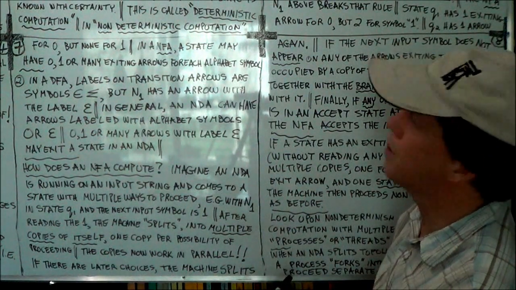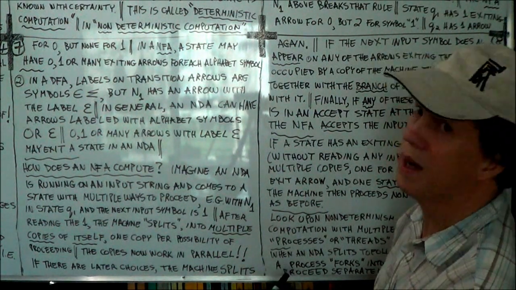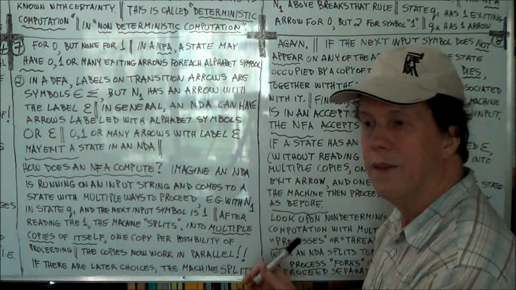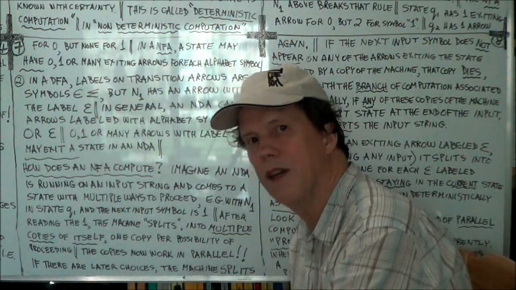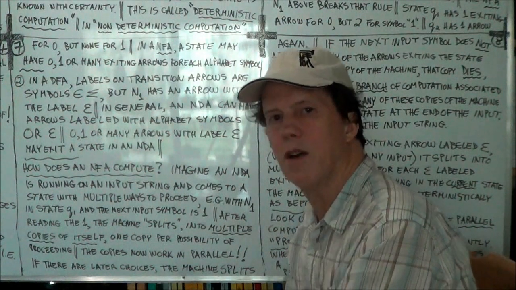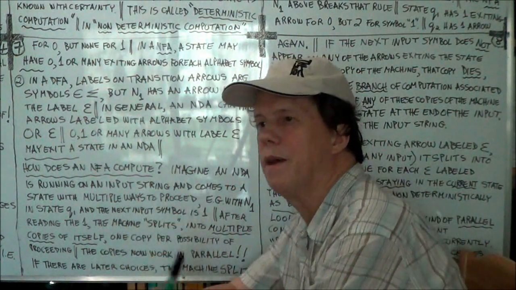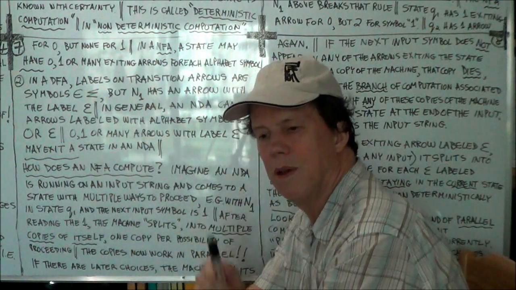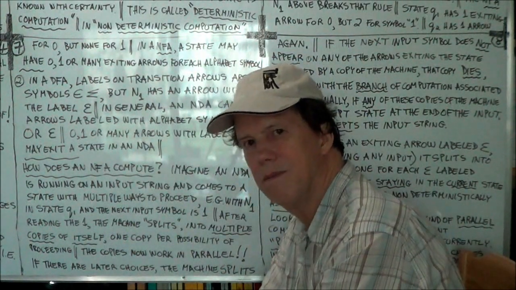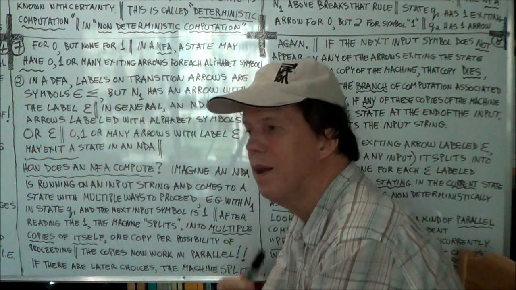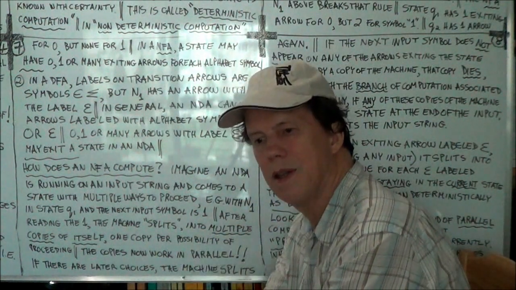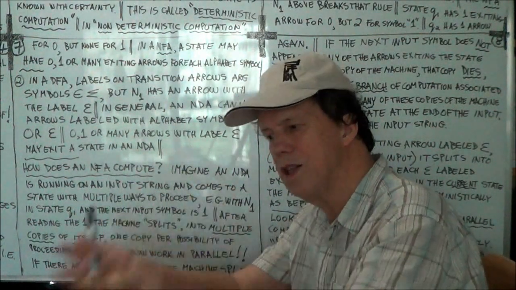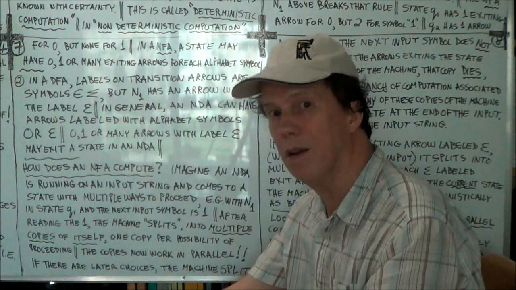You can transition back to Q1, or you can transition to Q2. At that stage, because you're an NFA, you now make a copy of yourself, abracadabra. So now there's two of you, and one takes as next state Q1, and the other copy takes as next state Q2. And then you now have two machines, and they just continue on in parallel, right?